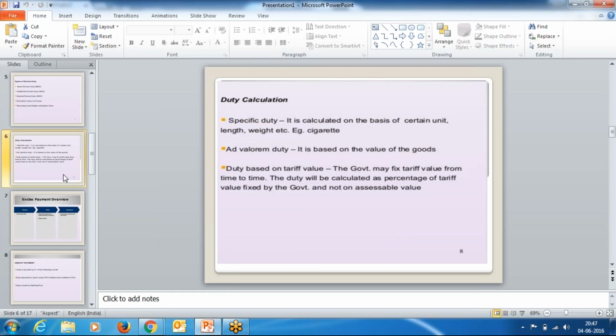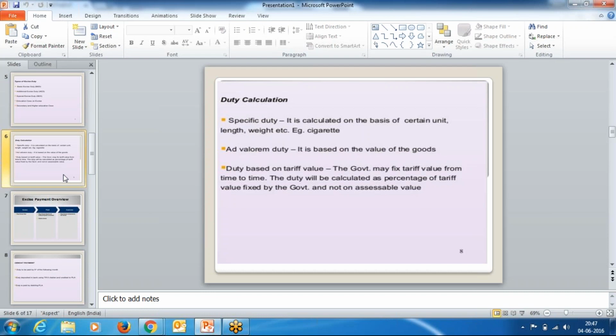What is that ad valorem duty? See, there are two kinds of excise calculation. One is purely based on the per unit price, like your per unit price is 10 rupees, so 14.5% excise duty is payable.